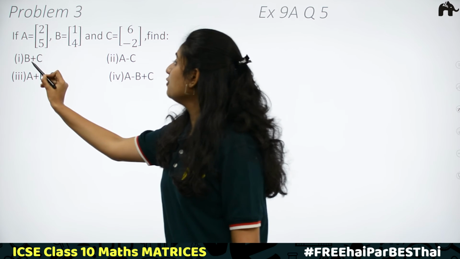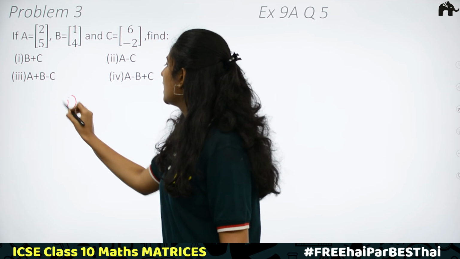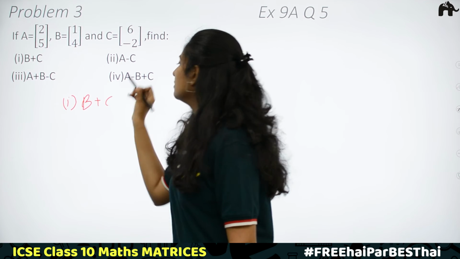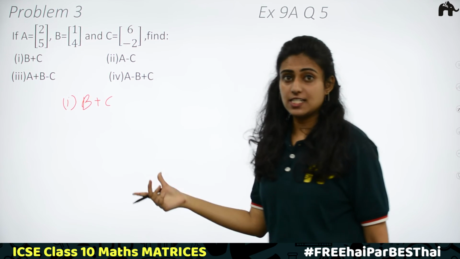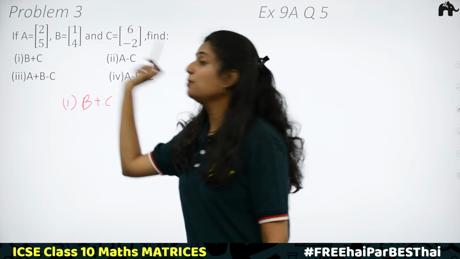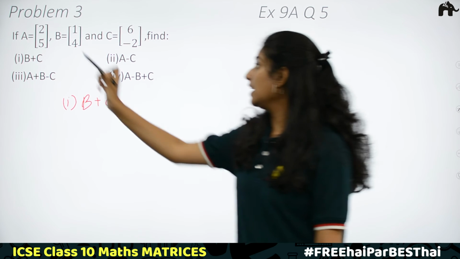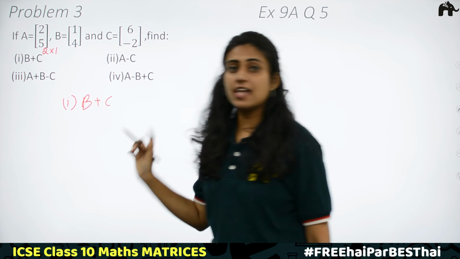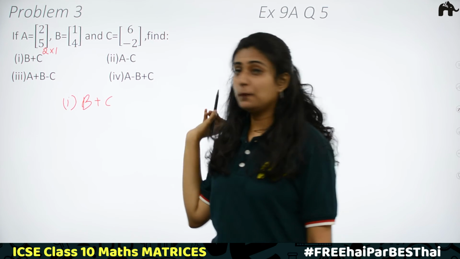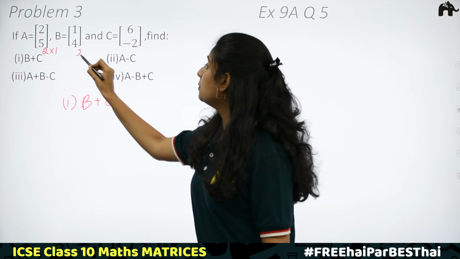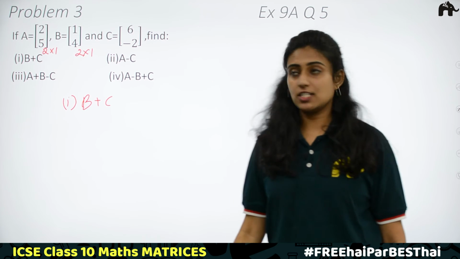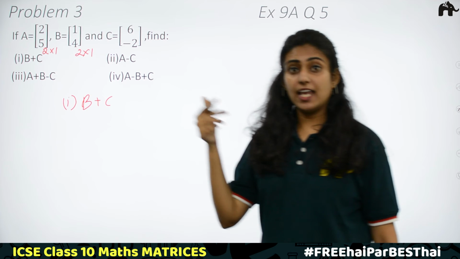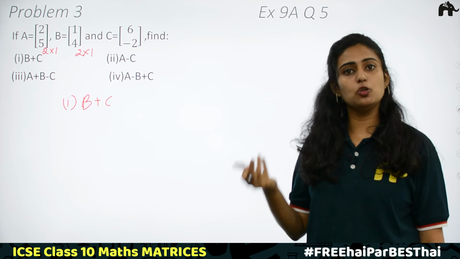Here we need to find B plus C. We know for addition of matrices, the given two matrices should be of the same order. Here A is of the order 2 by 1, 2 rows and 1 column. What about B? B is also a 2 by 1 matrix. Okay. Now, when you add A and B, you will be getting a 2 by 1 matrix.